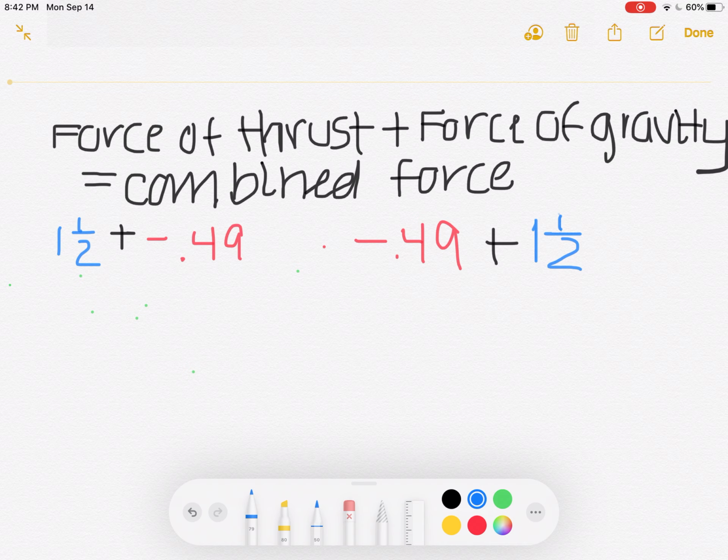So you can write it either way. You can eventually get there. But I'm going to focus on the first expression, 1.5 plus negative 0.49, because we can rewrite this as subtraction. And that just makes our lives a little bit easier, as we saw in the warm-up.